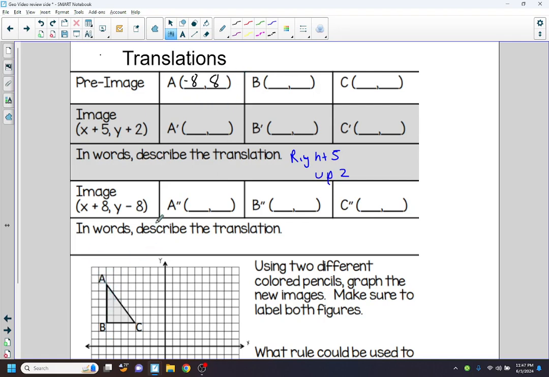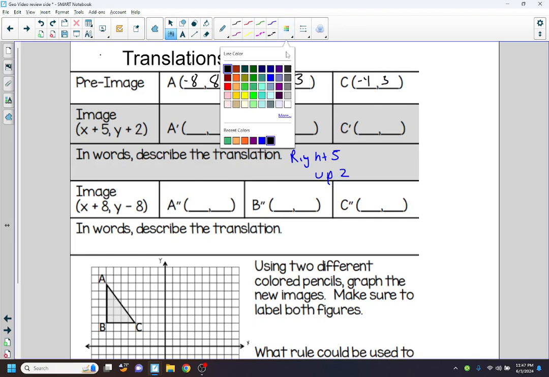So my A value is at negative 8, 8. My B value is negative 8 again, and I go up 1, 2, 3, that's up 3. And my C value is negative 4, and then up 3. Okay.